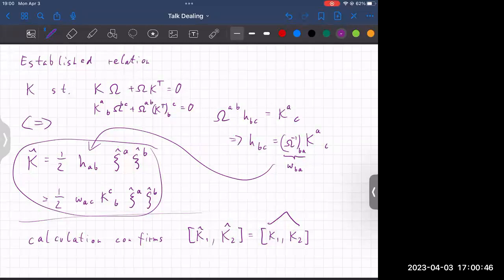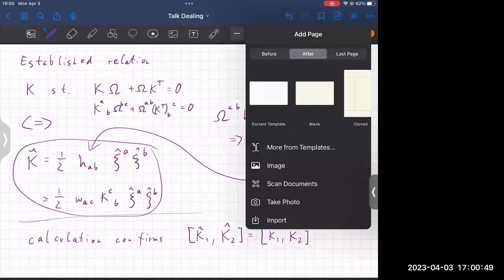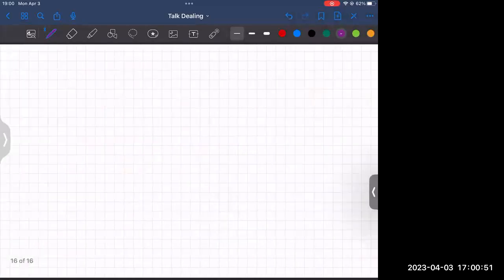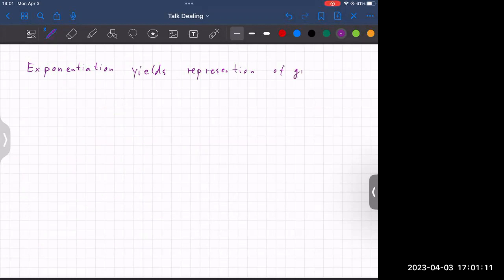And so what one would now think is that exponentiation yields a representation of the group. So we have K an element of the sp(2n,R) algebra.